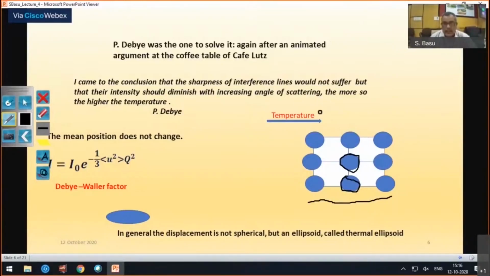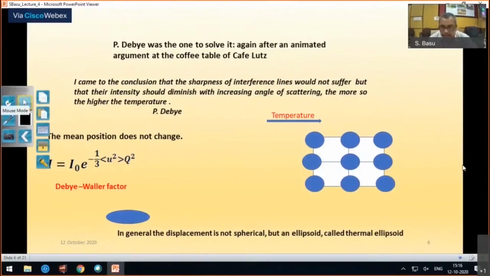Read it as Q. The more so, the higher the temperature, because the higher the temperature, the larger is the size of this vibration. So you can consider that a lattice which is smaller, as if its average size has increased as you go to higher and higher temperature. And that gives this form factor.